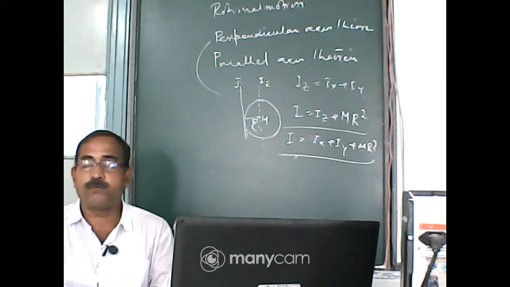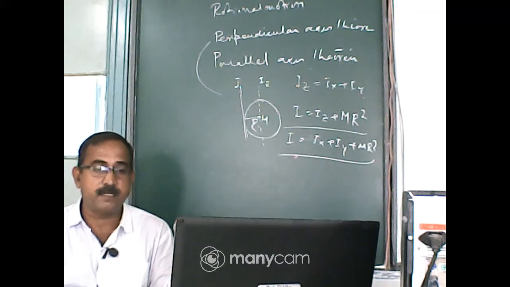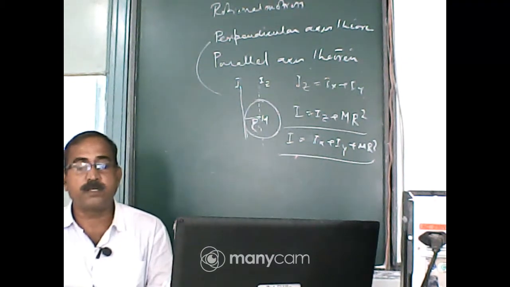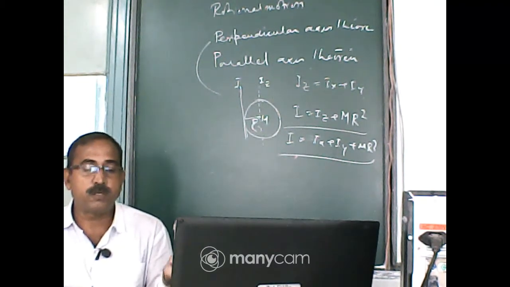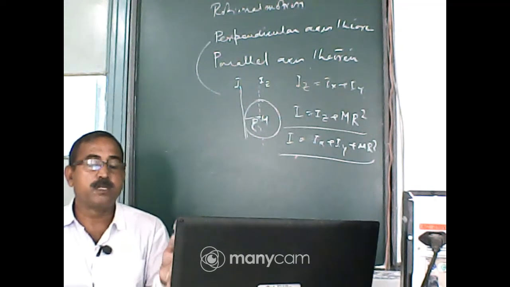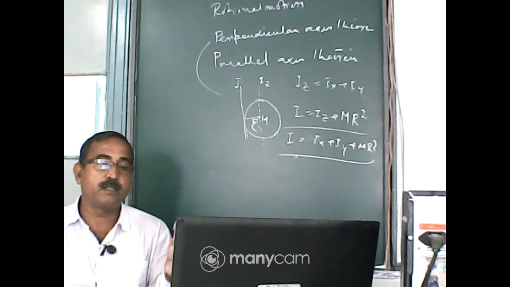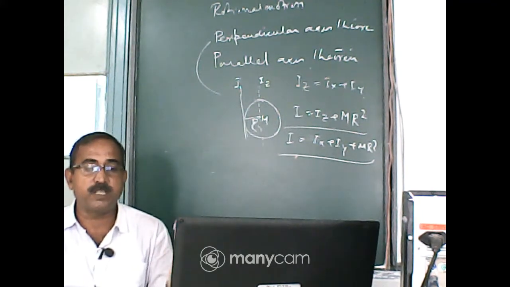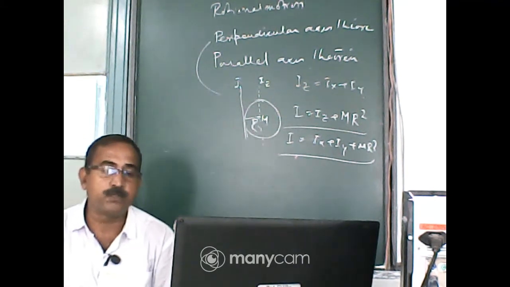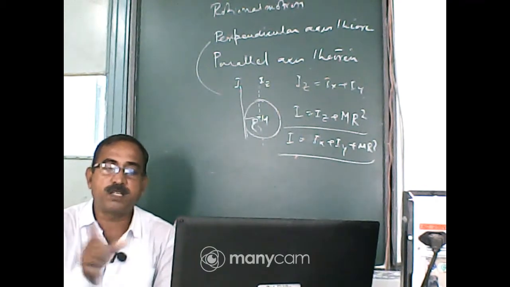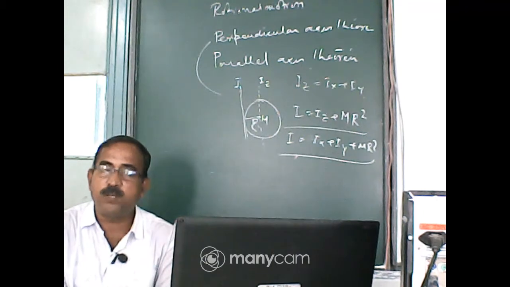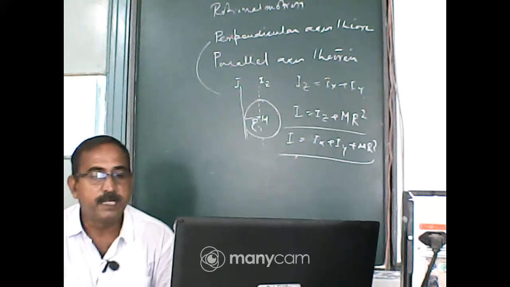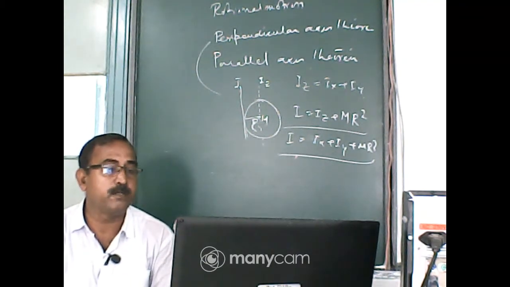You hang the two objects of different masses, one is known, another is unknown. So according to the principle of moments, for the left hand side and right hand side, m1 d1 equal to m2 d2. So d1 and d2 are known with the help of your scale, and if you know the value of m1, then you can find out the value of m2. That is the practical.